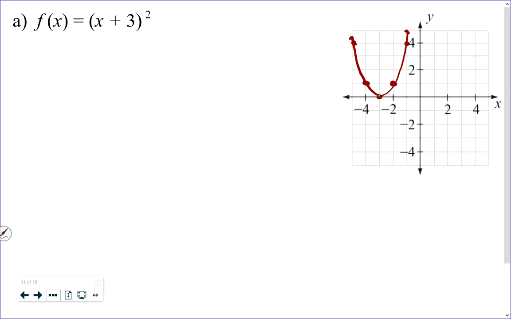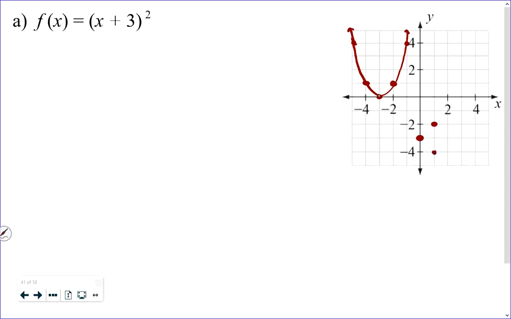So what is the inverse going to look like? Well, this original graph has an x-intercept of -3, so this will have a y-intercept of negative 3. If I swap those numbers, I'll get that. If I take, for example, this point here, negative 2 comma 1 becomes 1 comma negative 2.